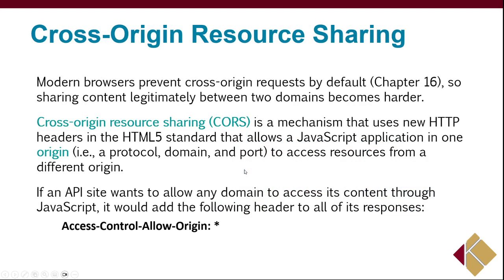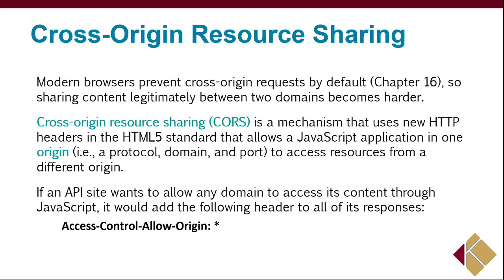All right. Cross-origin sharing is a huge thing. Basically it's saying that when you make a website or a web page, if you're trying to pull in data from a different domain or a different protocol, so if you're trying to call an HTTP page from an HTTPS, or a different port, which is way out of the scope of this class, it's going to block that.